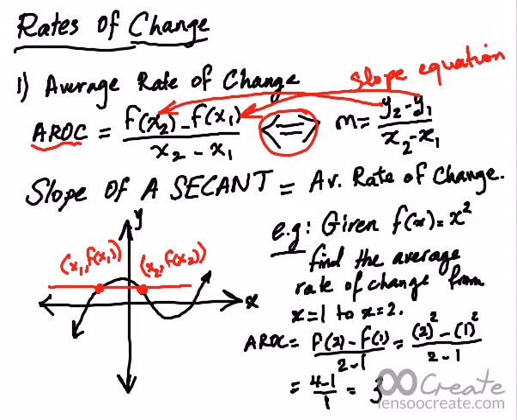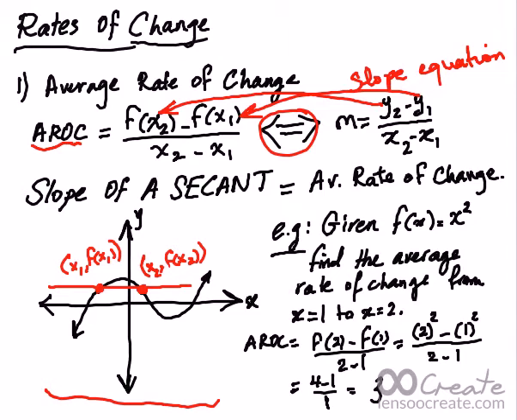In this case, our slope of the secant is the same as the average rate of change, as you'll see in the diagram below. So we have 2 points on a graph, and if we find the slope of the line passing through those two, which we will call a secant, that would be the average rate of change.